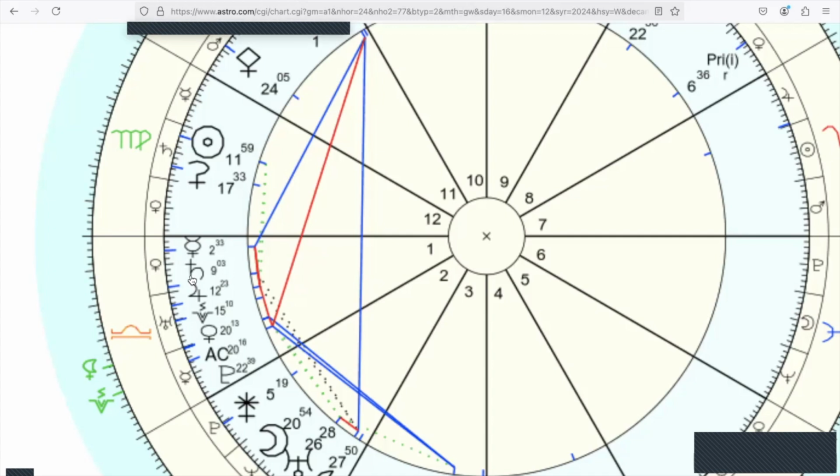Okay, so these planets, remember, are the inner forces. These are going to be the building blocks of your personality. And then the sign is going to be how that energy is expressed. So with Mercury, when it comes to contracts, she has to be the divine speaker, the closer in that energy.